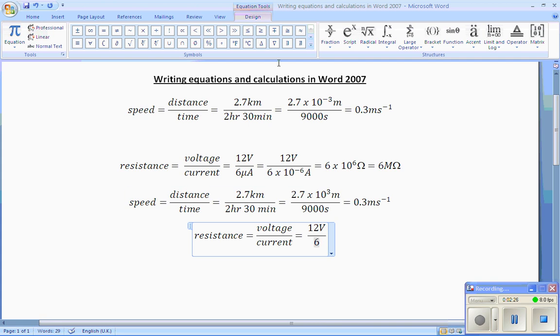Now luckily for us, if we go up onto this here, one of the standard things that it's got is a micro. So we can just use a micro straight from there and put the amp sign in.